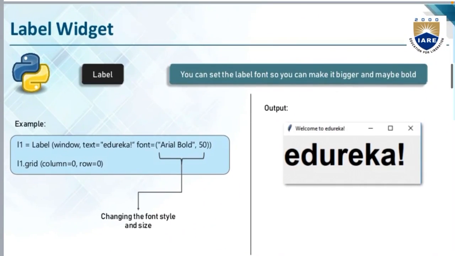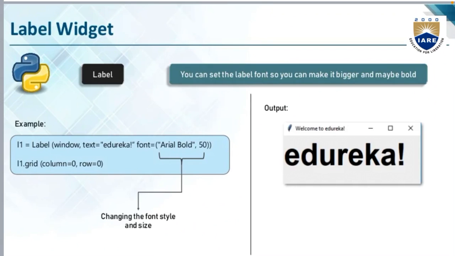To add any label, the label widget will be used. You can set the label font so that you can make it bigger and maybe bold or italic or underline, according to your use or need. And the syntax for the label is, first we should define a variable, that is L1 equals Label, and here Label means the Label class of tkinter.